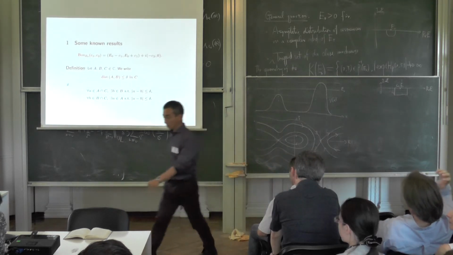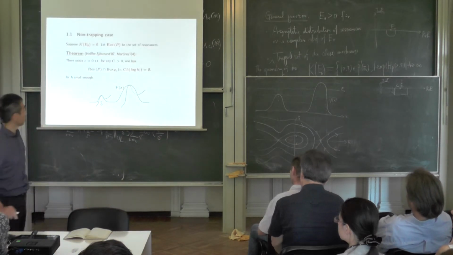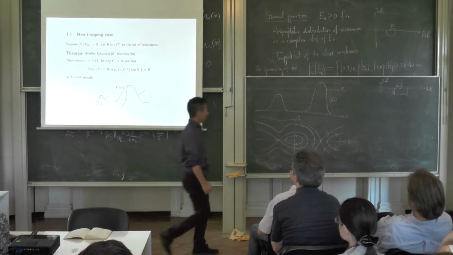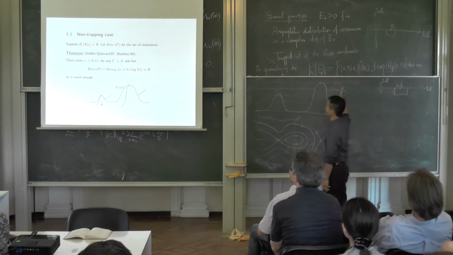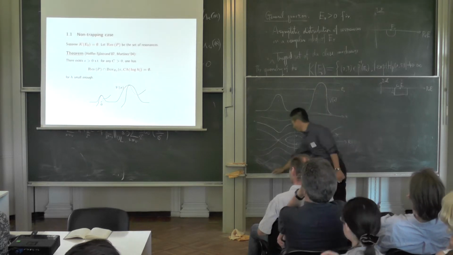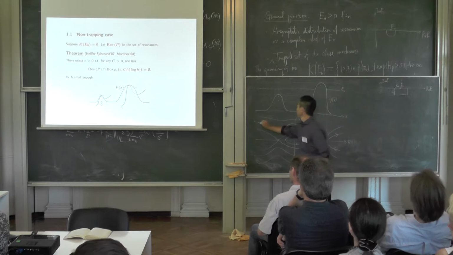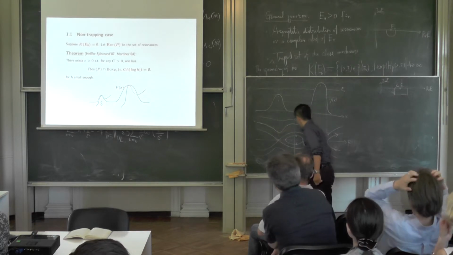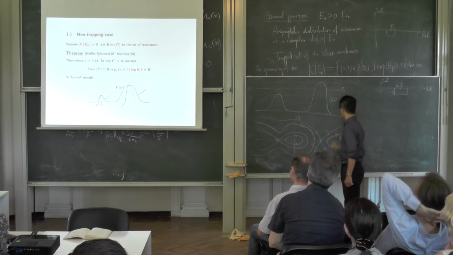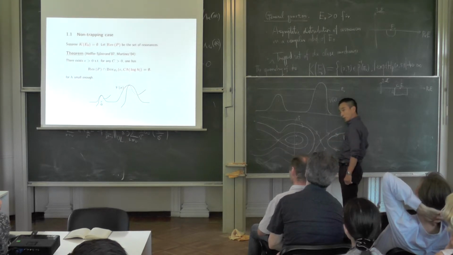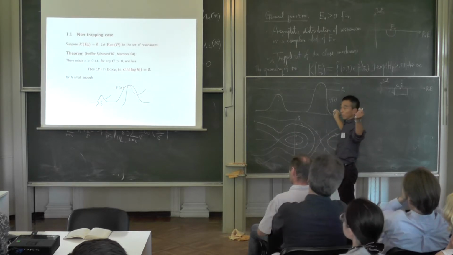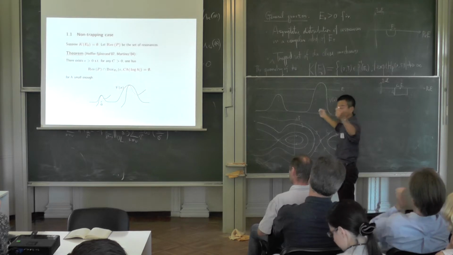Then I start with the case where there is no trapped trajectory. Okay. So, for example, if E0 is at such a level, then your trajectory is like that and like that, which means that any point on this set goes to infinity as time goes to plus infinity and also minus infinity.